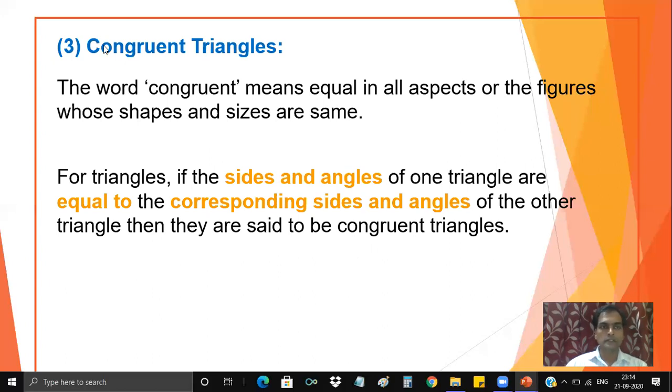But in this third point, congruent triangles, we are going to see it specifically for triangles. Two triangles are said to be congruent if the sides and angles of one triangle are equal to the corresponding sides and angles of the other triangle. Then they are said to be congruent triangles.